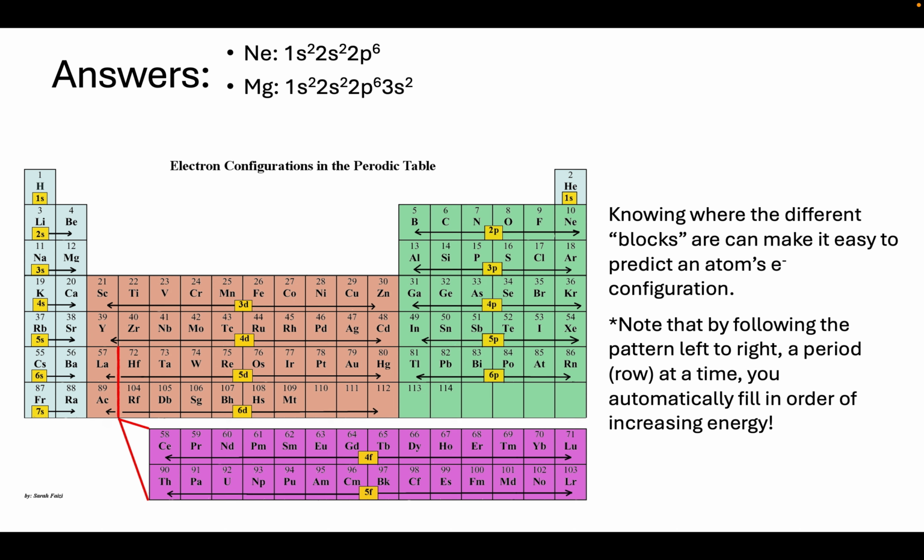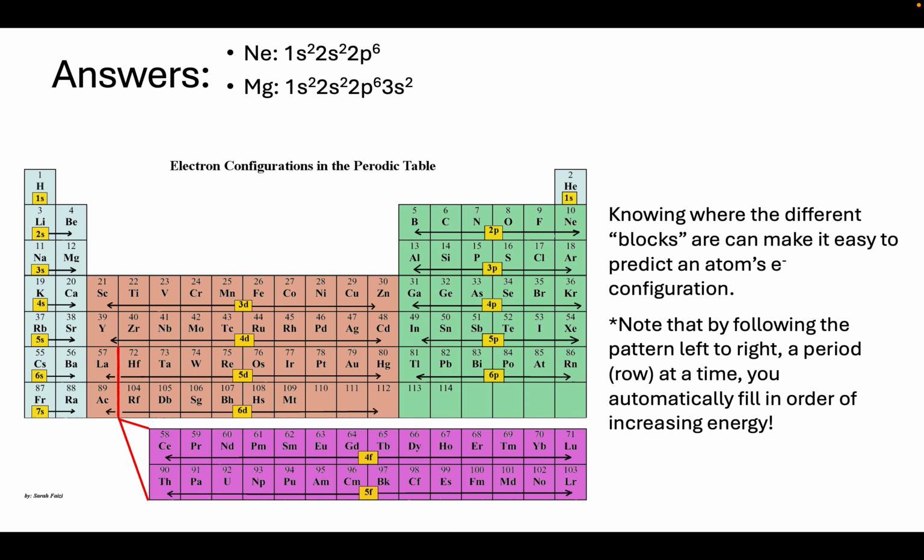So we have our 1s2 filled, 2s2, 2p6, but magnesium here with 12 has 2 extra electrons compared to neon. So we need to use another sublevel, and we're going to fill the 3s2 there.